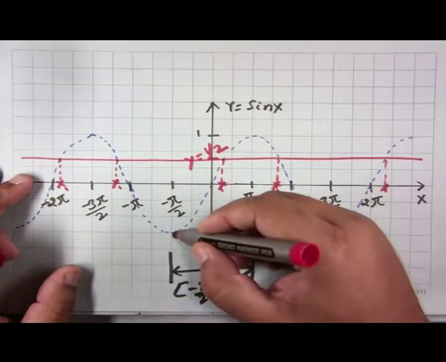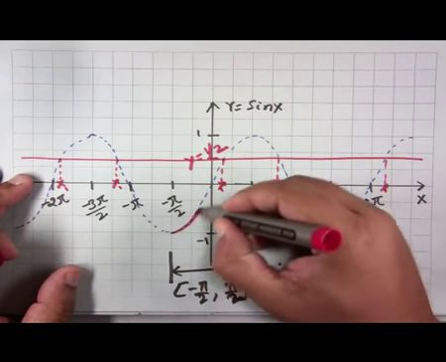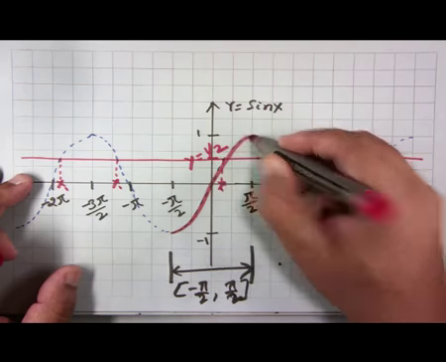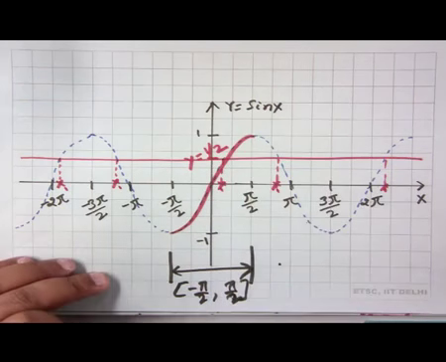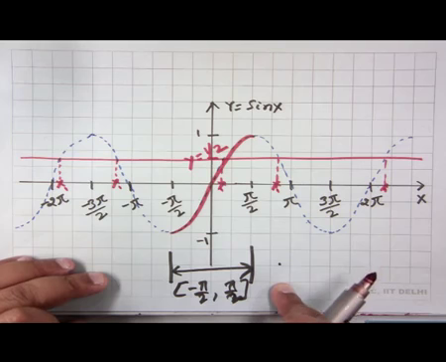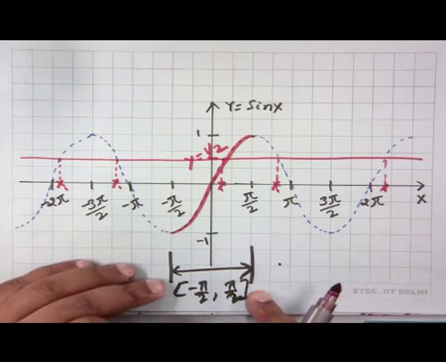By doing this restriction, we see that the curve for the restricted function will be the solid red curve, which I am going to draw now. So, it will be this. This is the curve for the restricted sin x function, where the domain has been restricted to -π/2 to +π/2.